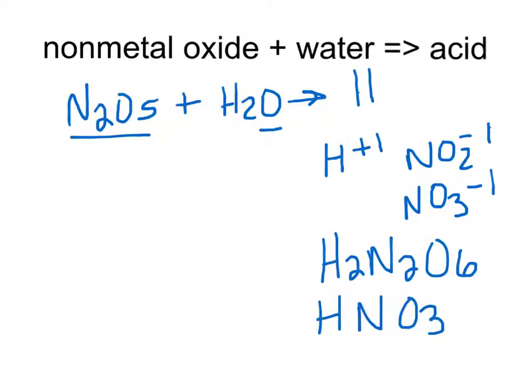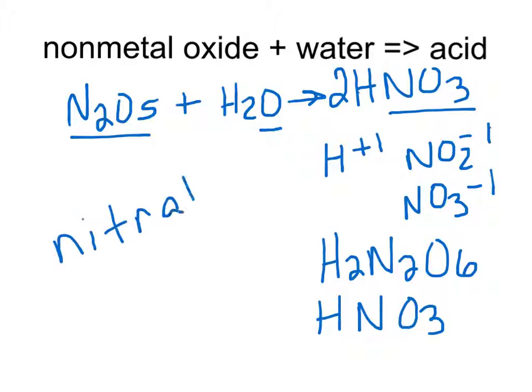So your acid is HNO3, but you just have two molecules. And because the polyatomic in the acid is nitrate, you change the ending again to IC, and this is nitric acid.